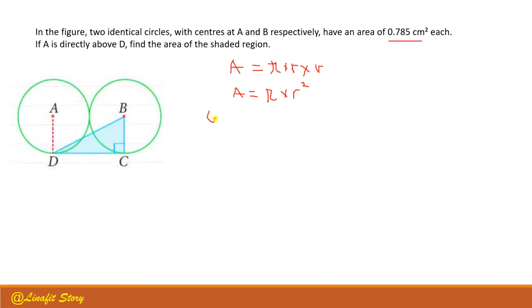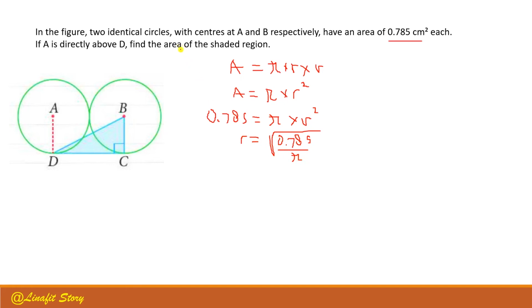The area is 0.785, which is equal to pi times radius squared. To get the radius, it is equal to the square root of 0.785 divided by pi.